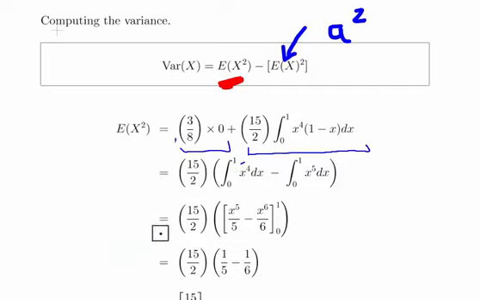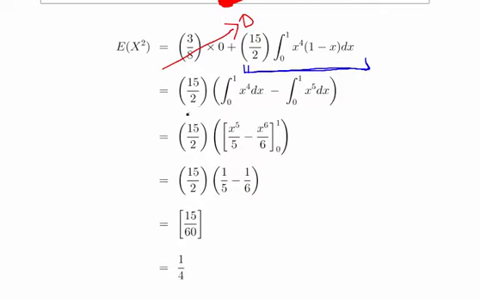So the discrete part: the expected value is 3 over 8 times 0, which just goes to 0. So in this instance, we can just concentrate on the continuous component. Again, this is a definite integral. So b here is 15 over 2, 7.5 if you prefer. We're integrating x to the power of 4 minus x to the power of 5.